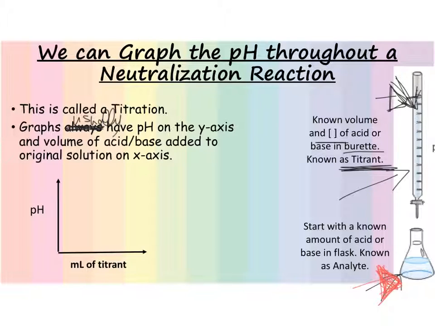So oftentimes what is put in this flask is something that is an unknown concentration, and because it's unknown, we can use the volume and concentration of this with the volume of that to figure out its unknown concentration. Anyways, more on that later. It's called the analyte, though. So we have analyte in the flask and titrant in the burette.